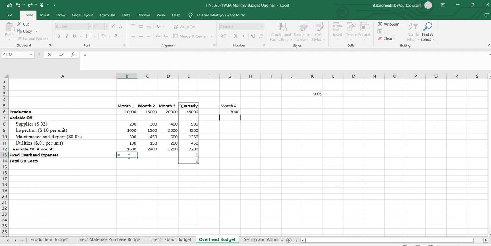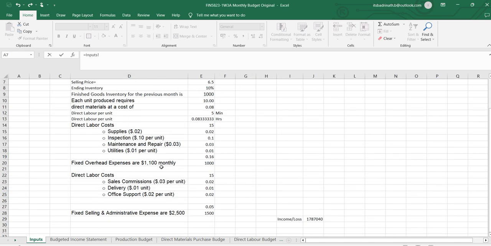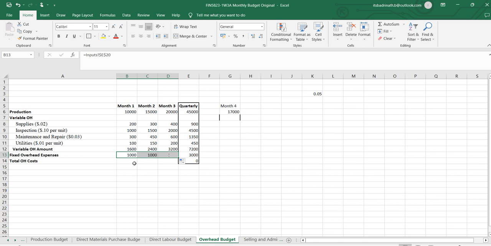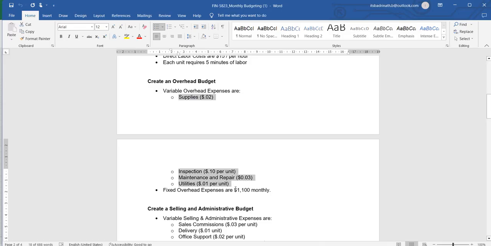Again, we have a fixed overhead expense. I will go to the input sheet because I mentioned the fixed overhead expense value there. I'm making it static. I'm dragging it across the months, up to month 2, and it automatically calculated 1000. But the document mentions 1100 actually.